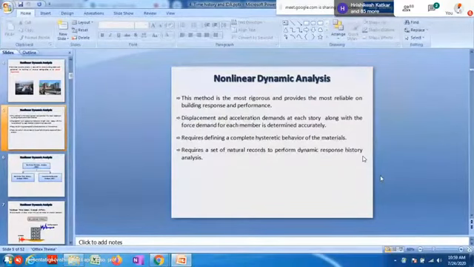So the material's cyclic behavior right from the first cycle onward, what is known as the hysteresis behavior, must be known. That is from the structure's point of view. Material hysteresis behavior must be known, and a ground motion record is required. But how many records are required is also a debatable issue. So a set of ground motion records is required. We'll discuss it in detail.